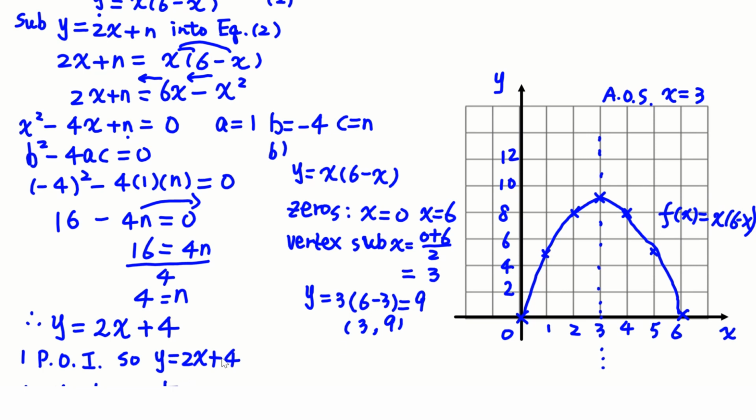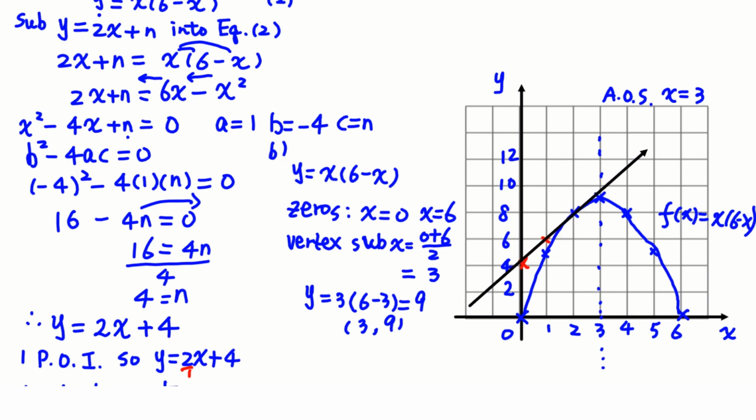We are going to find the y-intercept is 4, then slope is 2 over 1, which means up 2, right 1. Then connect these two points, and you are able to find this line, the tangent.